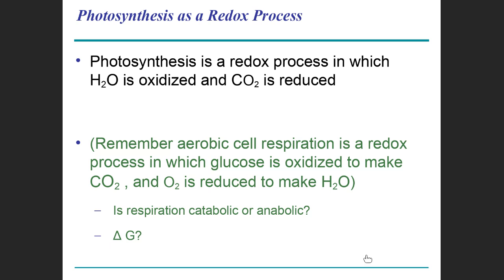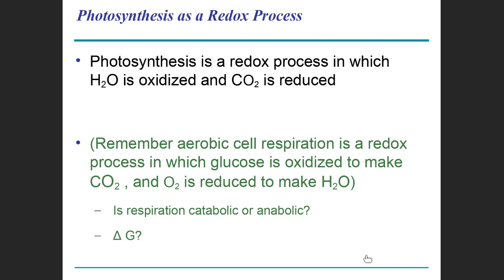So photosynthesis is a redox process in which water is oxidized and carbon dioxide is reduced. So remember that in aerobic cell respiration, which is also a redox process, glucose is oxidized into carbon dioxide, and oxygen is reduced to make water.